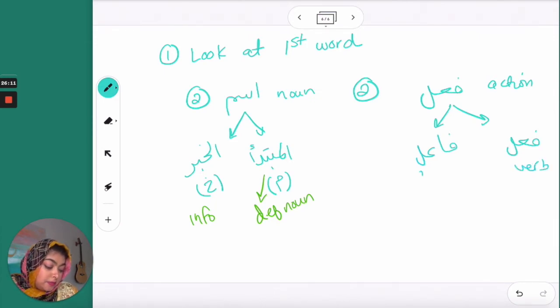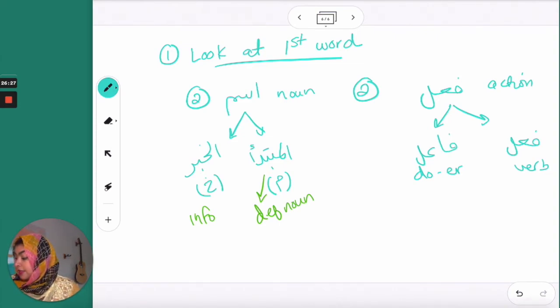So this is your verb, and this is your doer. Okay? So that's how you'll do it. You always look at the first word. So now you can look at plenty of examples in your book on page 84, 85, and 86, where they give you plenty of examples.